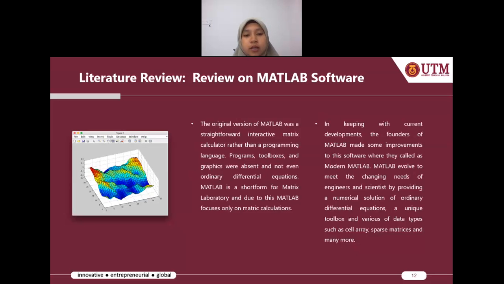Programs, toolboxes, and graphics were absent, and not even ODE. Therefore, in keeping with current developments, the founders of MATLAB made some improvements to this software, which is called modern MATLAB.